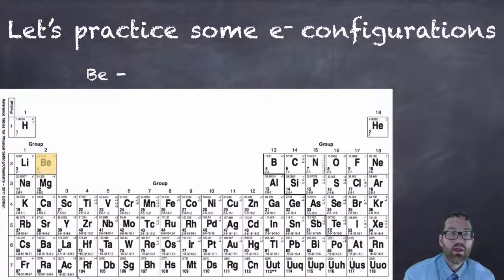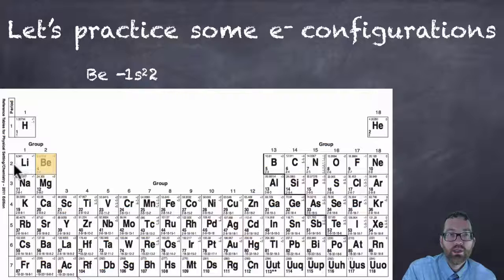Okay, let's go a little further. So beryllium has all of those electrons, so we always start at the beginning. We start in the first principal energy level, 1, and it has both electrons in that first sublevel, so we'd write s2. It has the same electron that hydrogen has, and it also has the same electron that helium has. Okay, then we transition down to principal energy level 2.